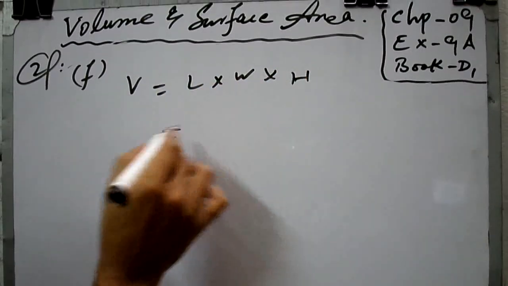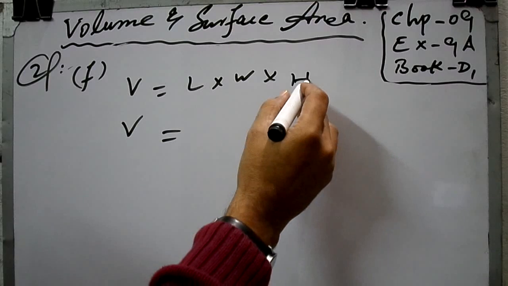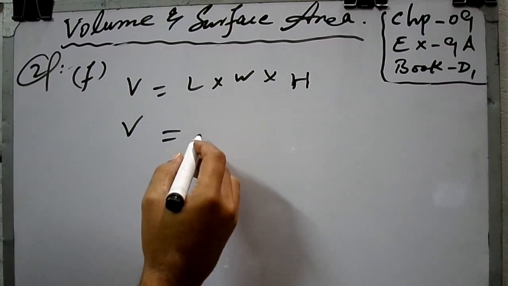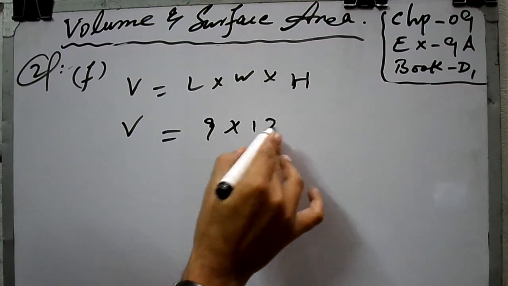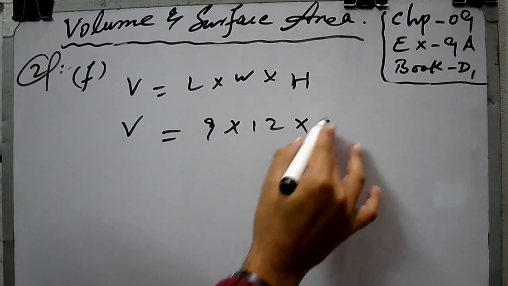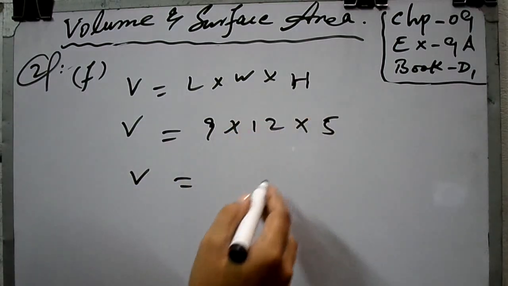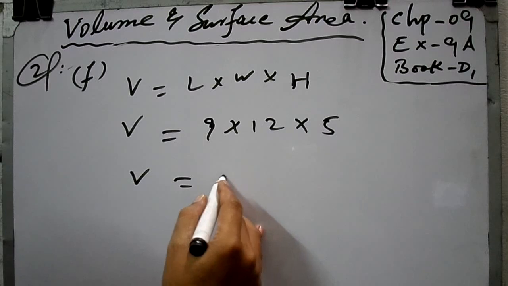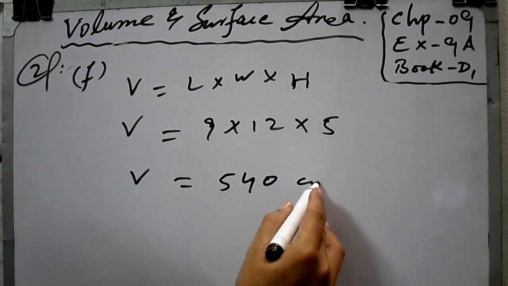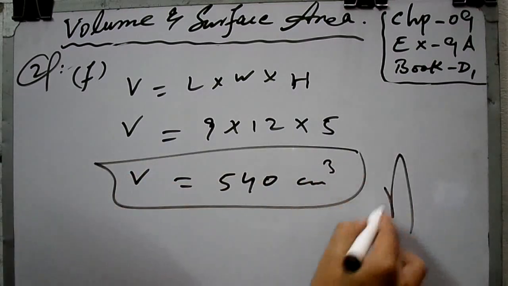Just we have calculated the height. So putting the values, that is 9 into 12 into 5, just we have calculated the height. So by multiplication you will get 40 centimeter cube. So that is your result.